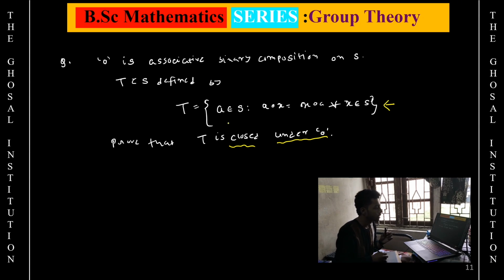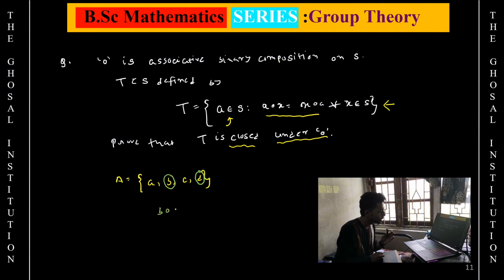Now what does it mean? It means those elements of S that commute with every other element. I am just giving the explanation. Suppose we have the set A, B, C, D, and by some calculations we know that B and D commute with every element of the set.